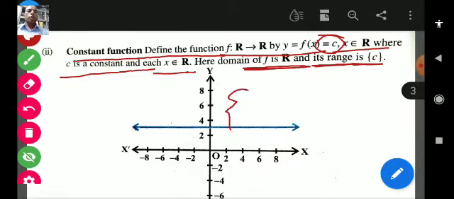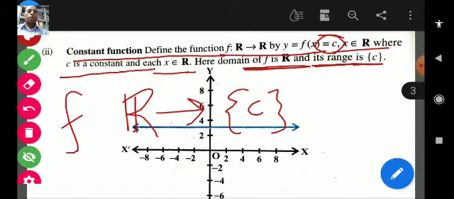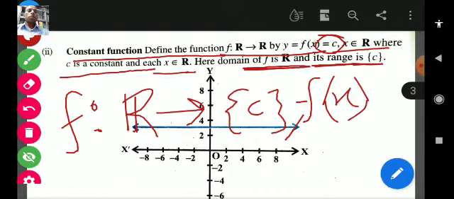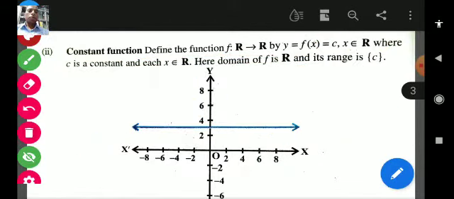So its range is a singleton set {c}, but its domain is the real number set. We just have to remember, if we put any value in place of x from the domain, we will get in the codomain only c. One value we will get.